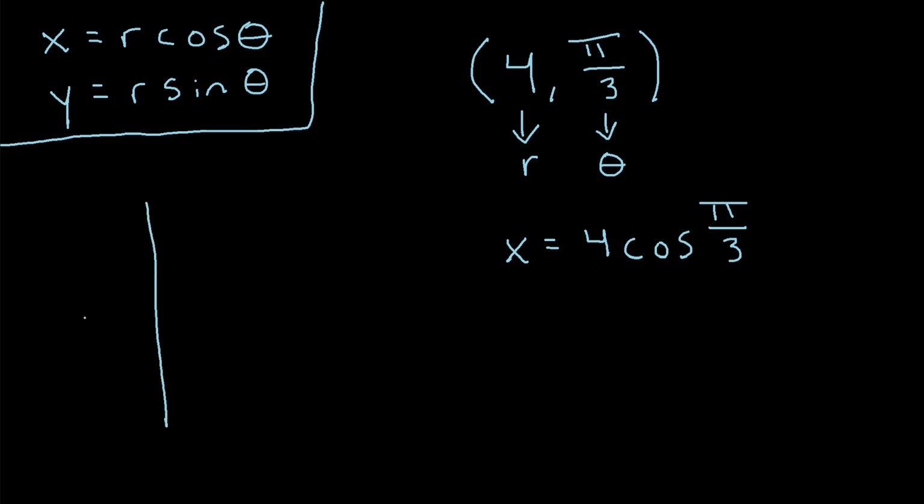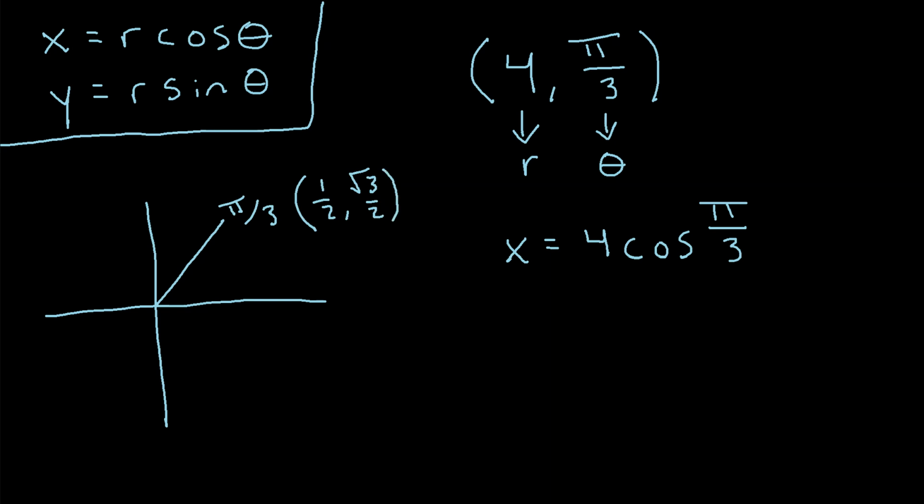Well, if you think about your unit circle, the xy coordinates that correspond to pi over 3 are 1/2, square root 3 over 2, where the cosine corresponds to the first value and the sine corresponds to the second value. So the cosine of pi over 3 is just 1/2. So we can write x is equal to 4 times 1/2, and that's just 2.